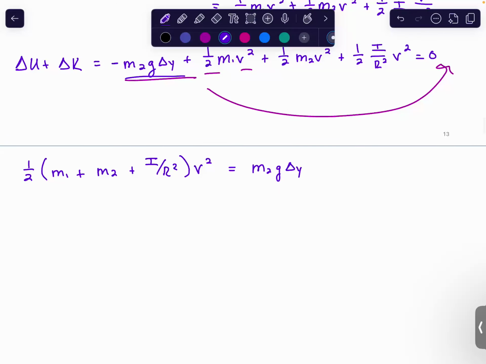Alrighty? Now, from here, we'll solve for V squared. So that means we're going to multiply through by 2 and divide through by that whole thing. And so our denominator is going to end up being m1 plus m2 plus I over R squared. Then our numerator will be 2 m2 g delta y.